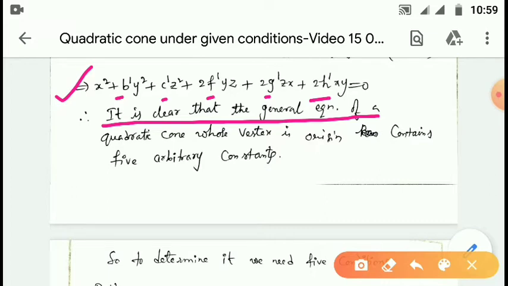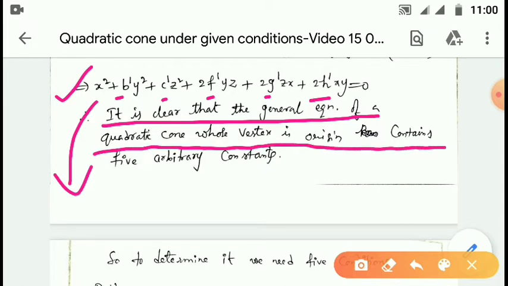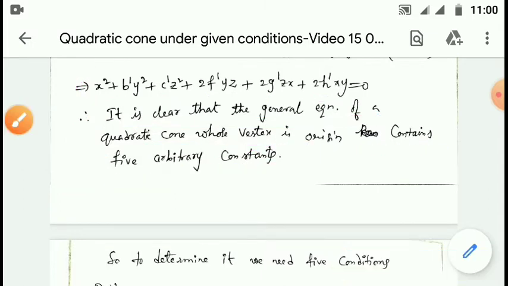So to find the equation of the cone, we need the values of these 5 arbitrary constants. To find the values of 5 arbitrary constants, obviously we need 5 independent equations. Therefore, we need 5 independent conditions. So a quadratic cone whose vertex is origin contains 5 arbitrary constants.